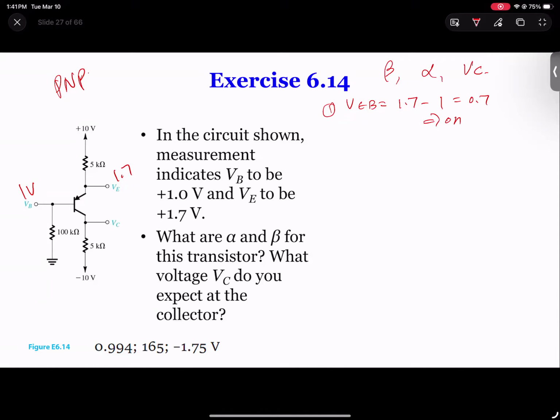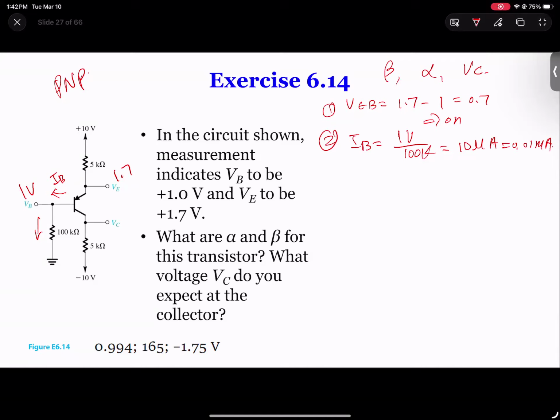So the next step is how we need to find beta and alpha. You see that VB is given at 1 volt. The resistance is also given at 100 kilo ohms. So right away, we can calculate IB equal to 1 volt divided by 100K. So this is how much? 0.001 milliamps. So it's 10 microamps or 0.01 milliamps, right?